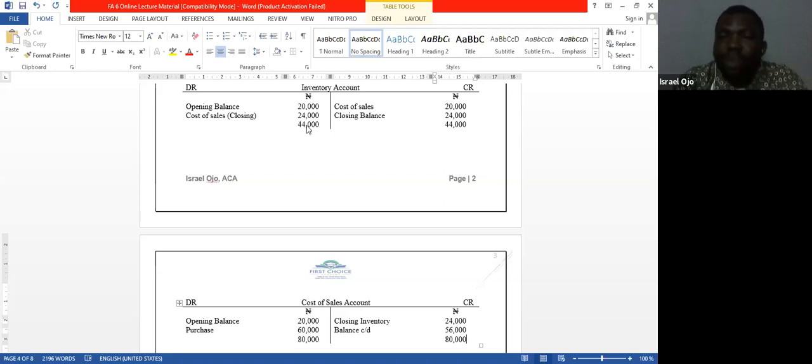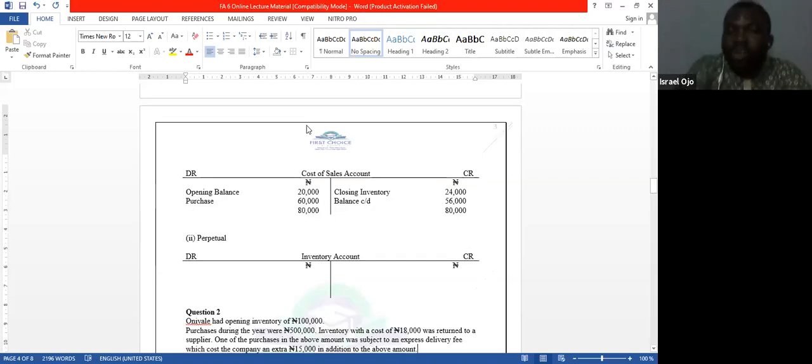Now, under the perpetual system, like I said, what you are going to have is an inventory account. We are not going to have a purchase account. Every purchase, every return inward, every return outward will hit your inventory account.